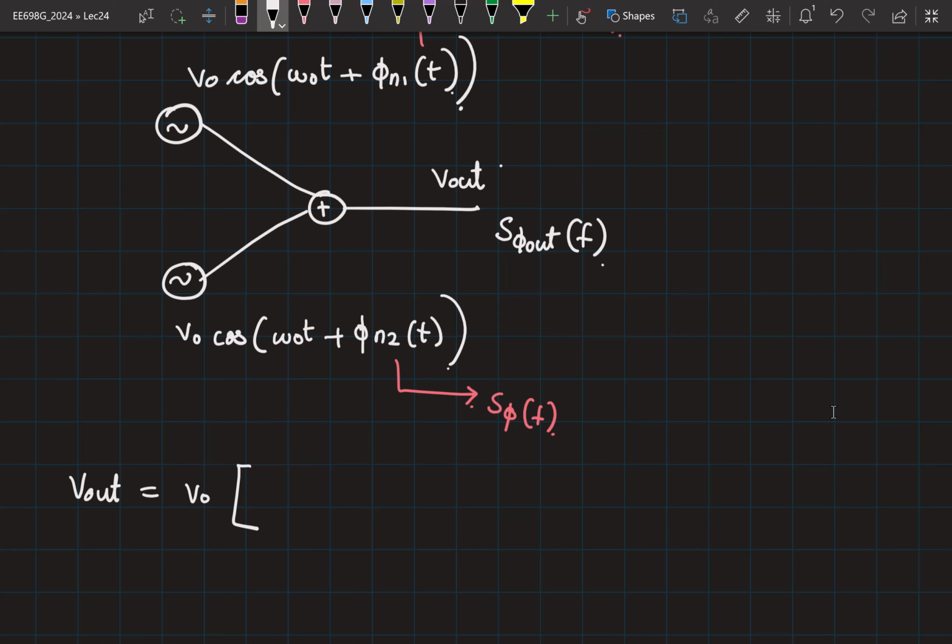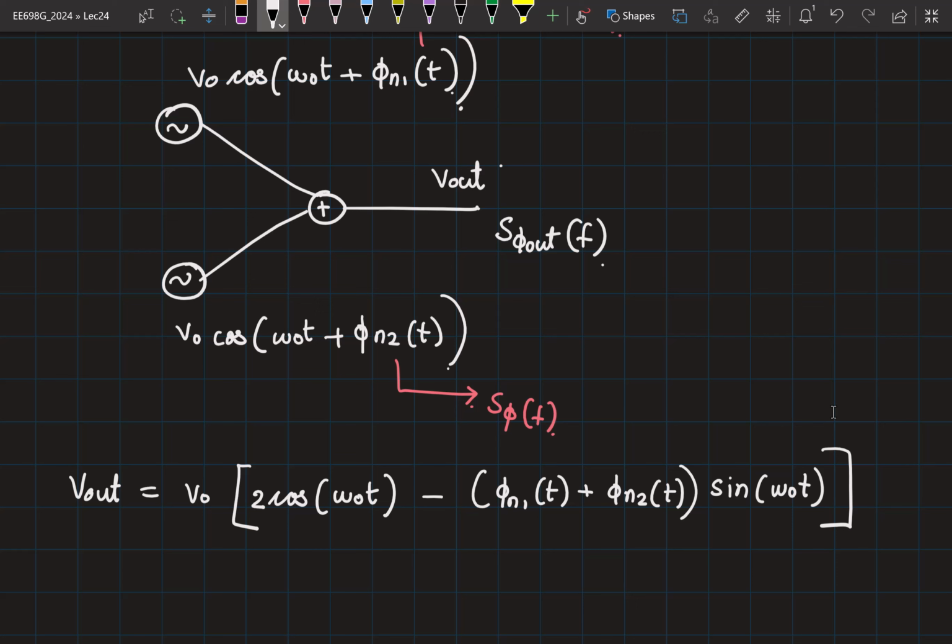So cos of phi n1 of t becomes 1, sin of phi n1 of t becomes phi n1 of t. So what do you get? You will have cos of omega naught t from both of these expressions. So that gives you 2 cos omega naught t minus phi n1 of t plus phi n2 of t into sin of omega naught t.